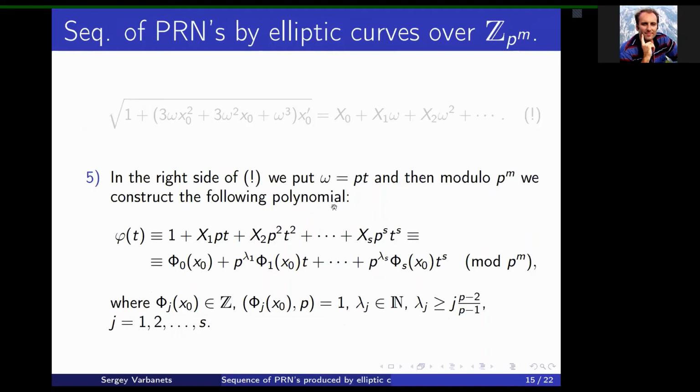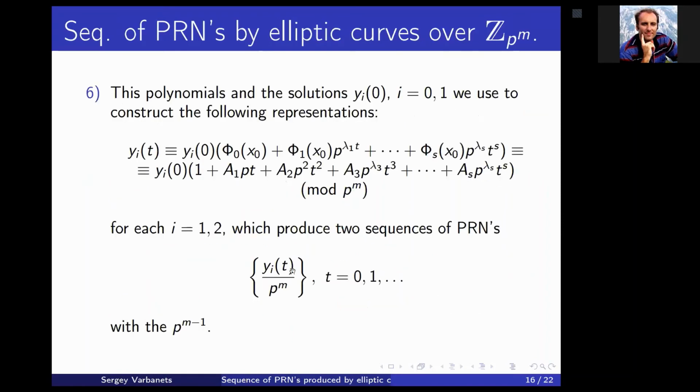We construct the following polynomial phi(t) in the following way, where the functions I_i of x0 are integer value functions with the conditions presented here.